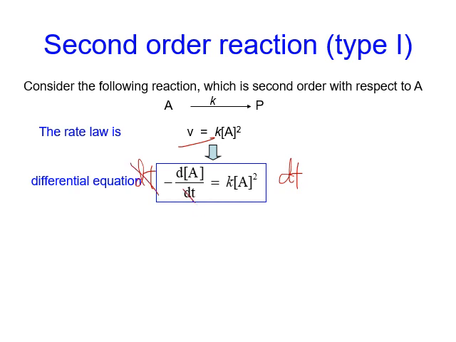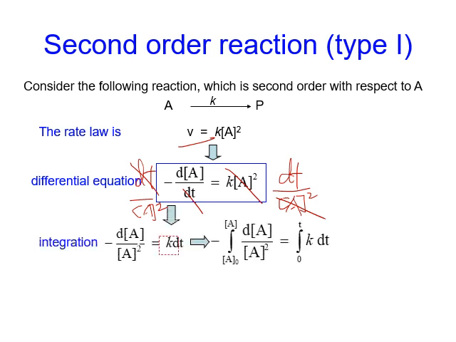to remove time from the left side, and we divide by A squared, so that the right side only has t and the left side only has A. So you have this equation, and integrate from A naught to A. The right side is a constant, so it's just kt.